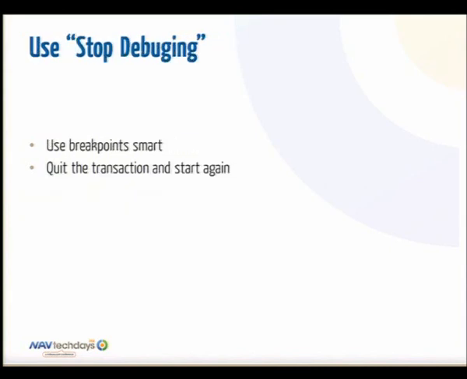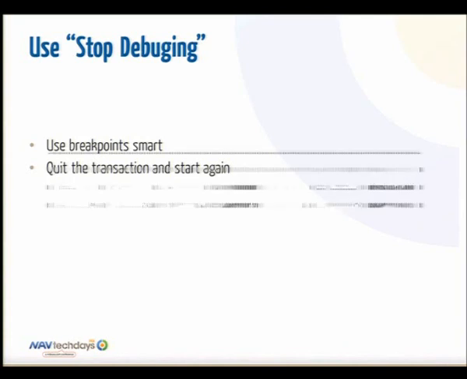Debugging. For some reason, debugging is still a challenge for some people. I very often see people just start the debugging with the triggers and everything activated and then F5ing through everything. So the current debugger has these two great things that you can actually use breakpoints.